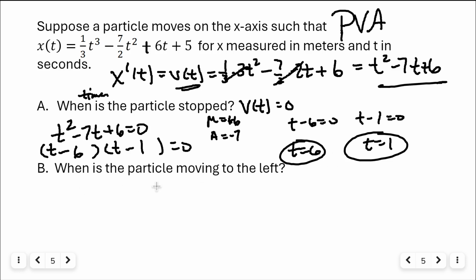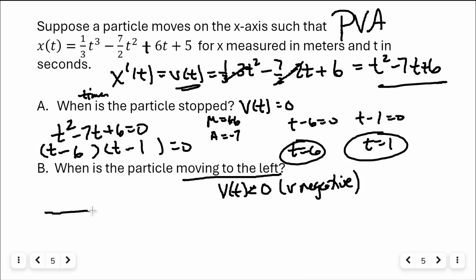Now, letter B wants to know, when is the particle moving to the left? For the particle to move to the left, that would be the same thing as the particle moving down. So the velocity would have to be negative. I think this is the easiest way to go about doing this. I'm going to make a little number line.